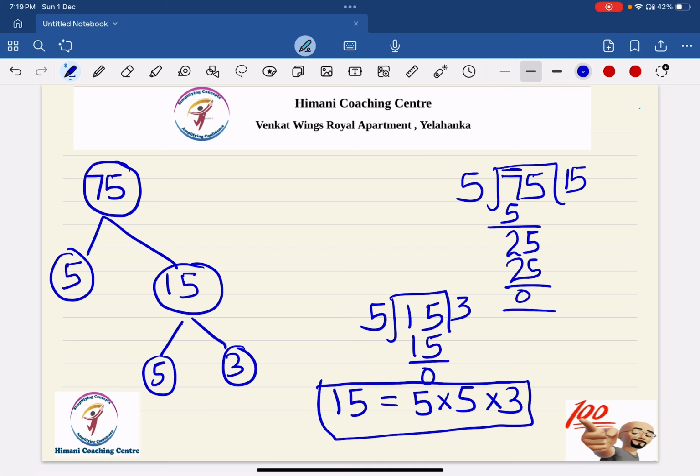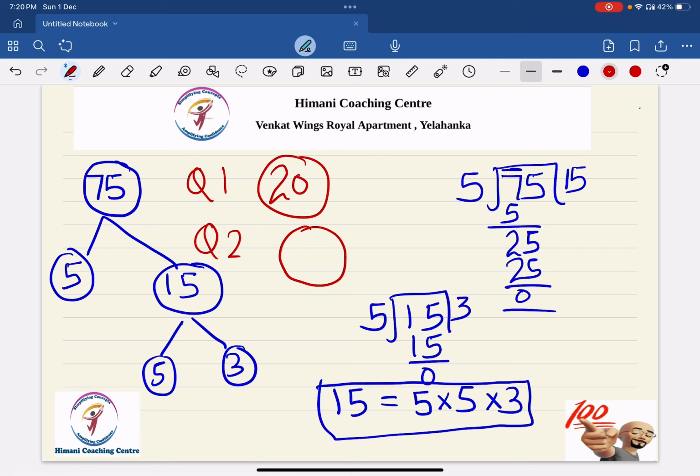And now after this video, I want you to try making a factor tree of 20. Question number 1. Then question number 2, make a factor tree of 63. Hint: add 6 and 3. What will you get? 9. That means it is divisible by 3. So keep on checking with that.